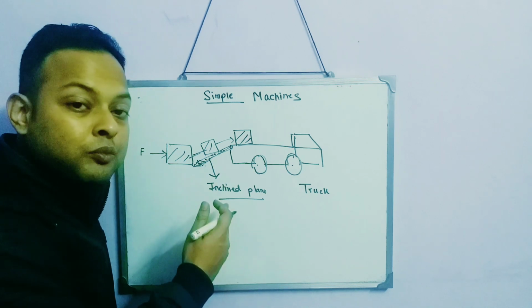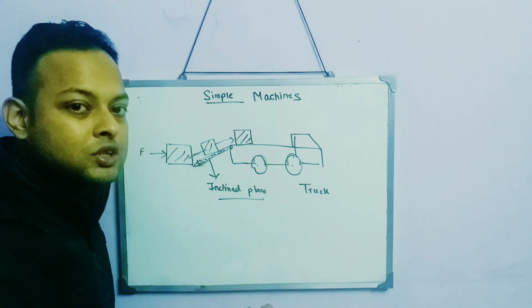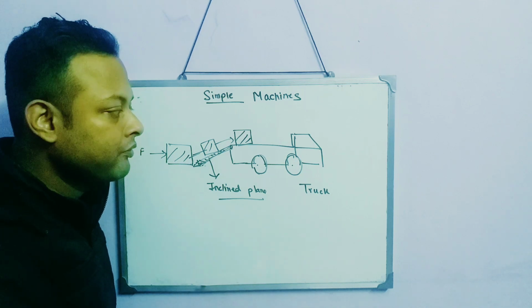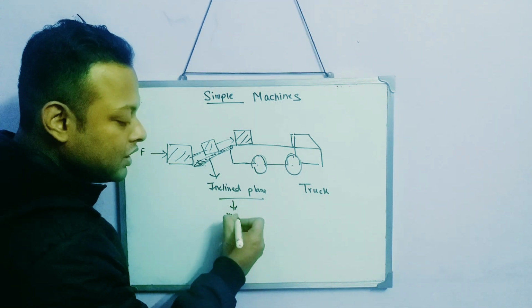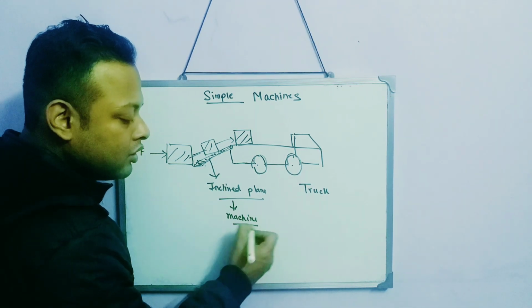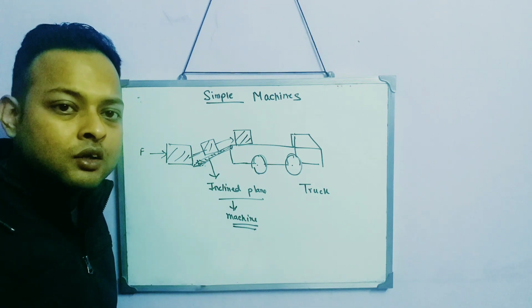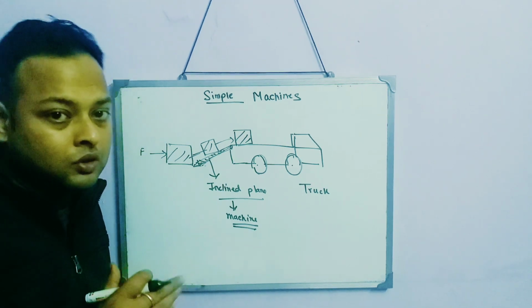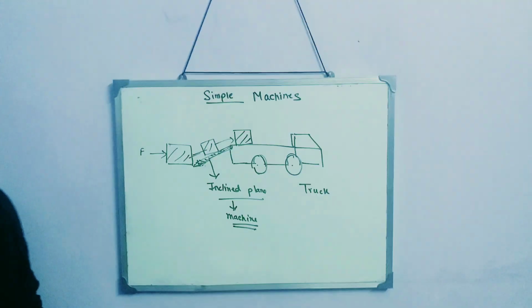The inclined plane allowed us to apply less force to do the same work. So I can say this inclined plane is nothing but a machine that makes our work easier. If you understood what I told you, it's good. If you haven't understood, watch this video.